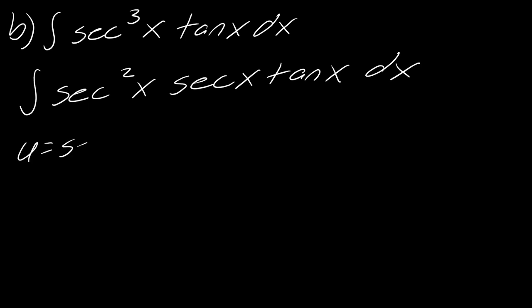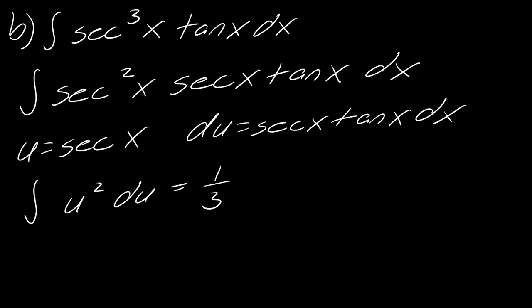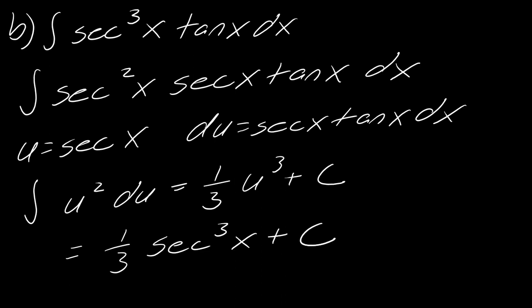My u can just be secant x, which makes my du secant x tangent x. And now I can rewrite this as u squared du. So it's almost the same thing, right? And then this becomes 1/3 u cubed plus c. Sorry, I forgot what my u is. 1/3 secant cubed x plus c. And so there you go.